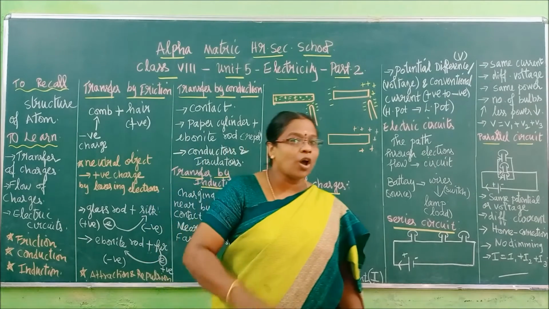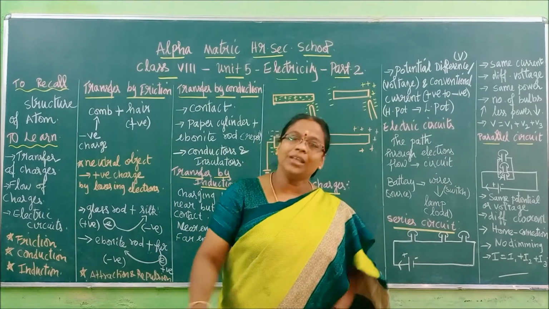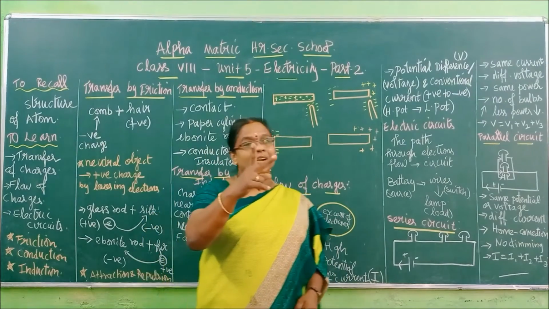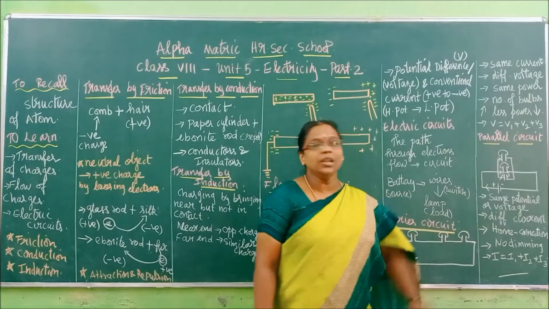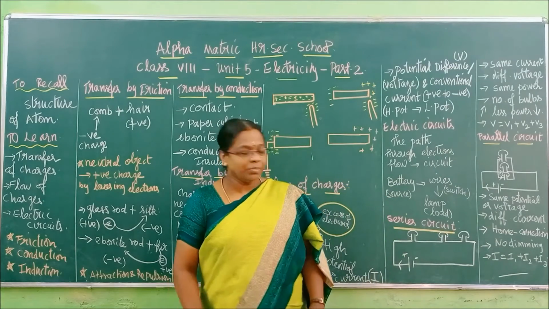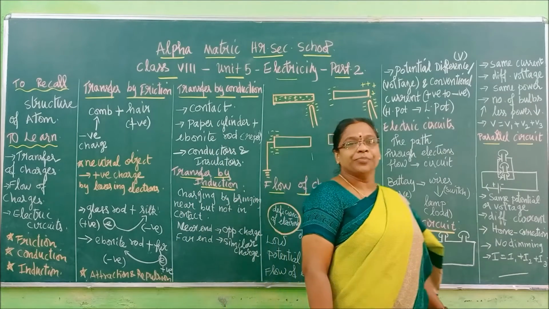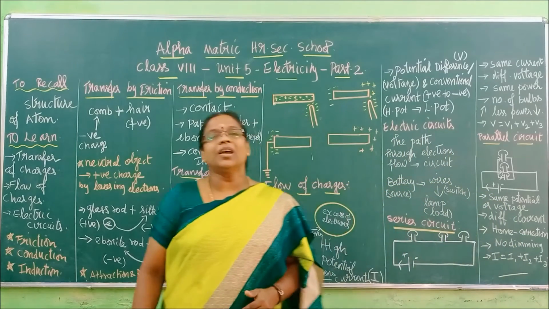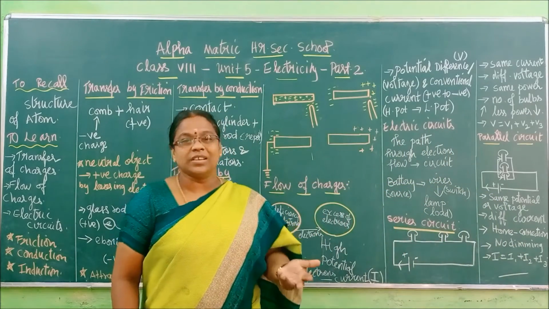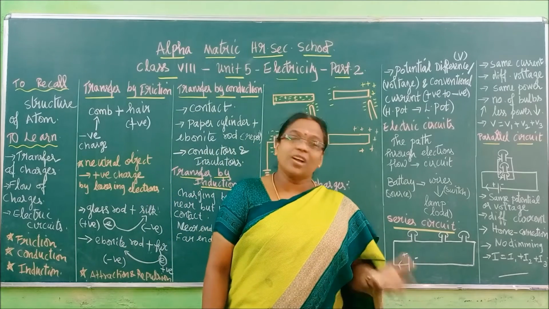Now when you are connecting any circuit, it is connected in two types. One is the series circuit and the other is the parallel circuit. For series circuit, a good real-life example: have you ever seen serial lights in festivals or functions at home?